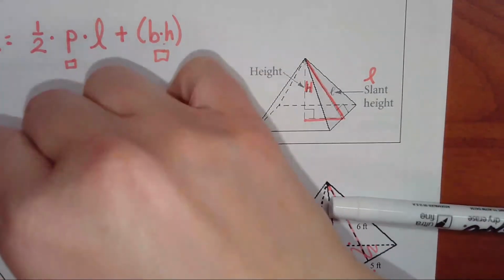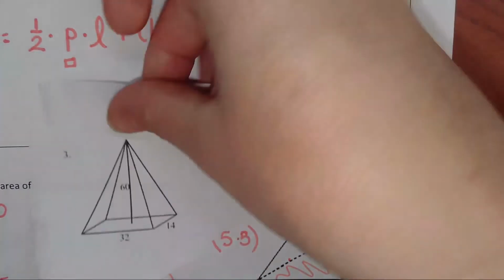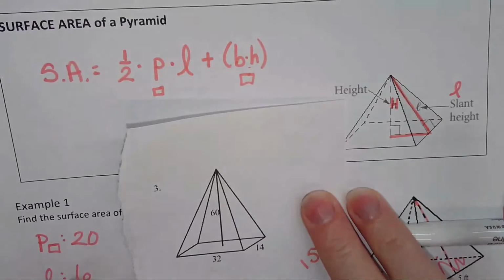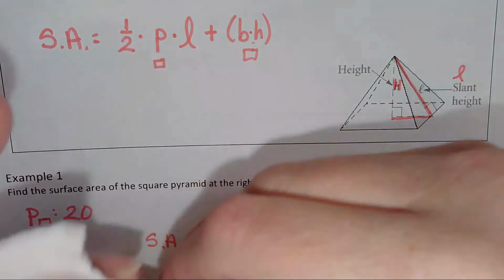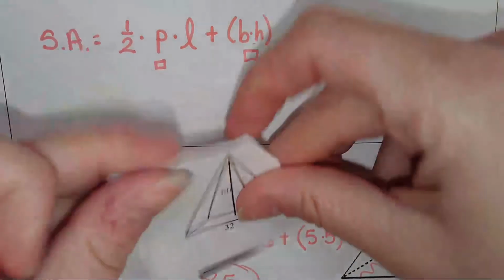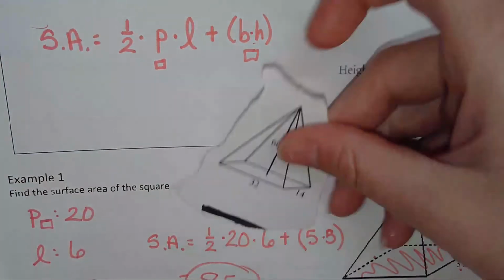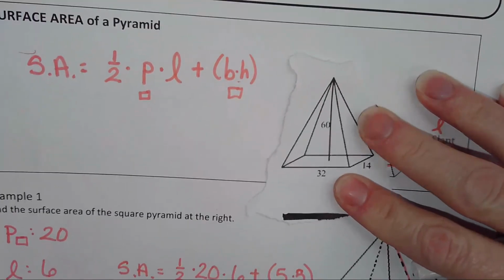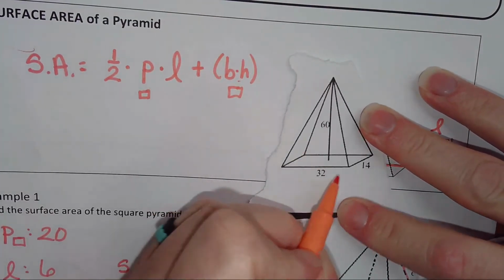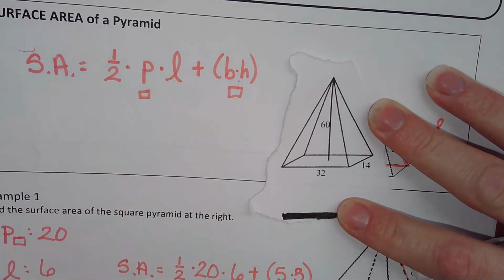Sorry, bear with me. This is probably going to make it even lengthier. Okay. So to find the surface area of this one, we need to know the perimeter of the base, we need to know the slant height, and then we need to know B and H.